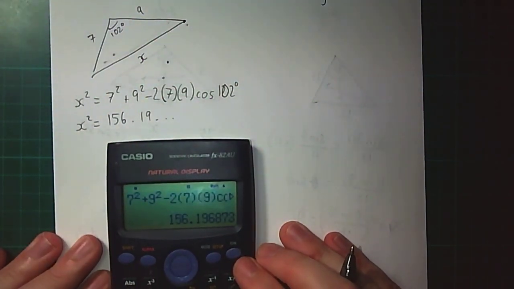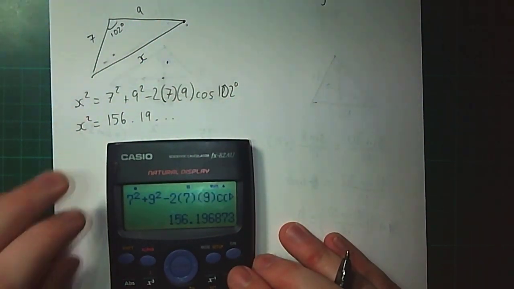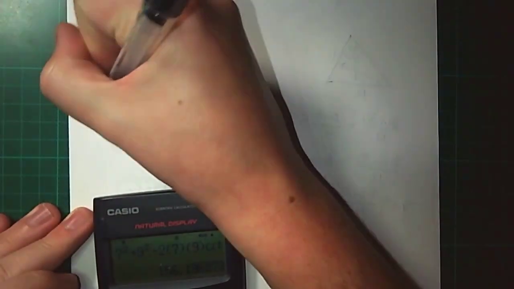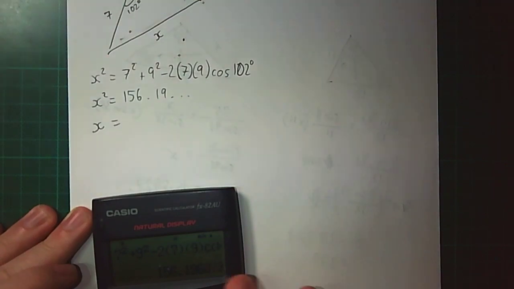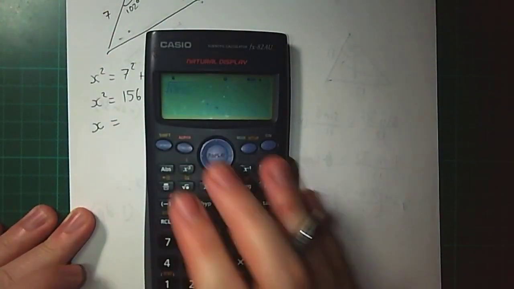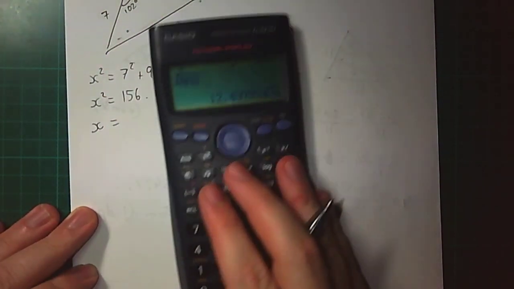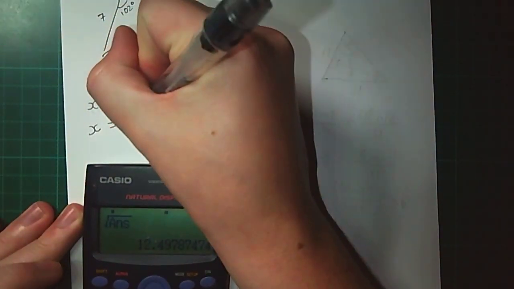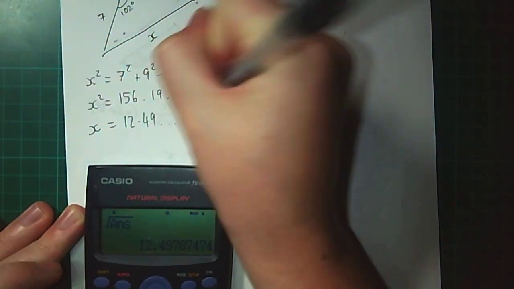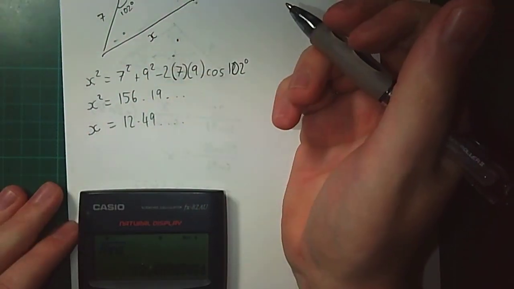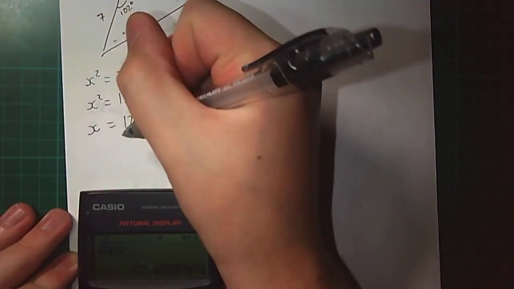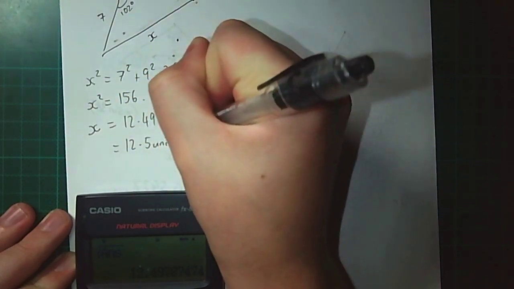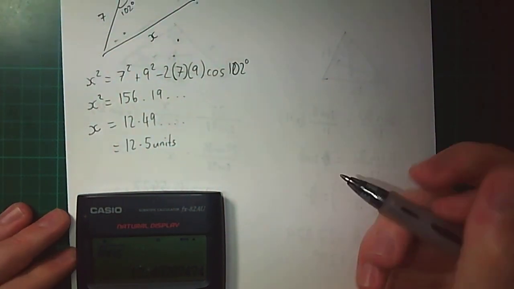Now that's all well and good, but it's giving us our x squared. We want our x, so in order to get x, we need to square root that solution. So the square root of 156.19, etc., gives us 12.49. Let's say it was just at 1 decimal place, that's 12.5 units, because it's our side length.